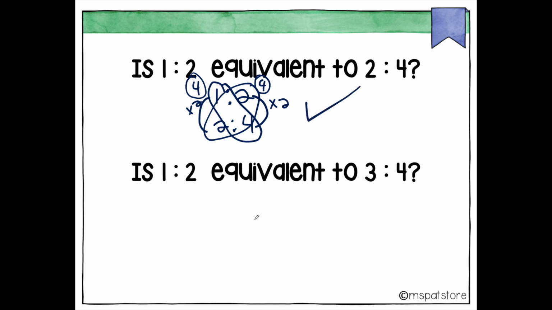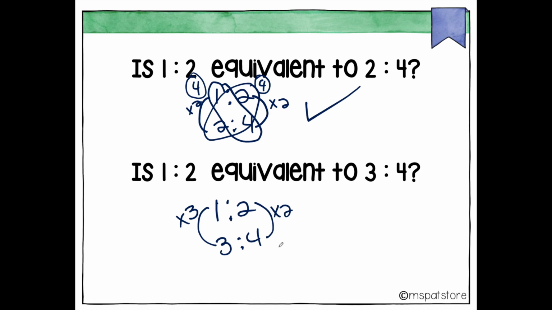I would like you to try to do this one by yourself. Is 1 to 2 equivalent to 3 to 4? Please try to do it by yourself. All right, so let me see. 1 to 2 and 3 to 4. So in order to move from 1 to 3, they had to multiply by 3, right? But here, in order to move from 2 to 4, they had to multiply times 2 because 2 times 2 is 4.